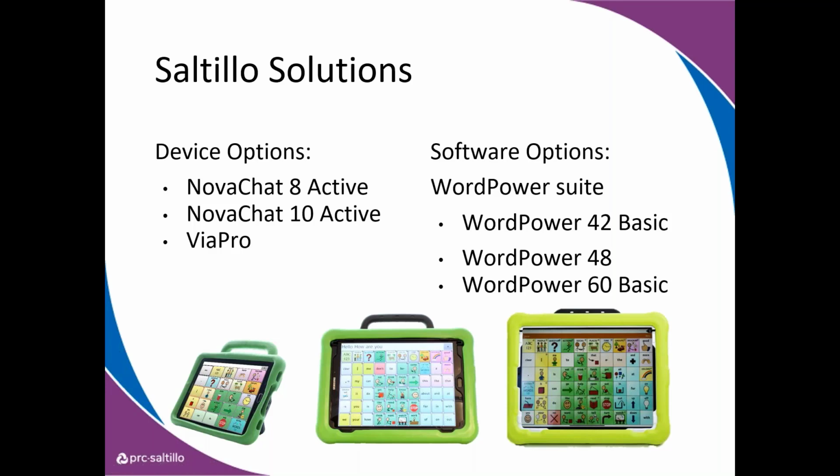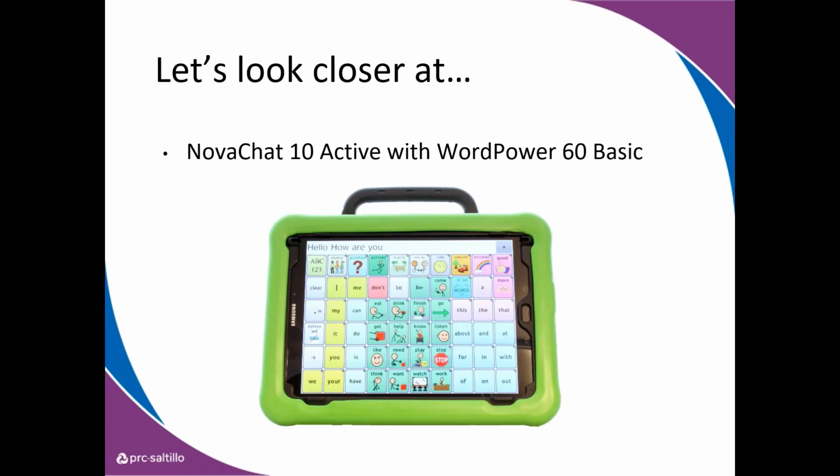As again, Megan mentioned, as you become more familiar with those different layouts and how they function, how they navigate, how they allow you to access words, you can start to whittle out some of them even more. And so as I looked at it and put everything through the funnel here for Max, the team really thinks NovaChat 10 Active with WordPower 60 Basic is going to meet his needs.